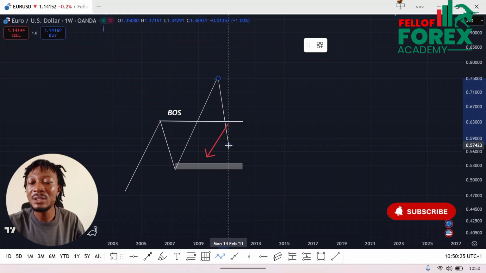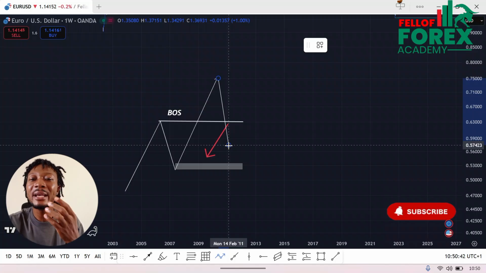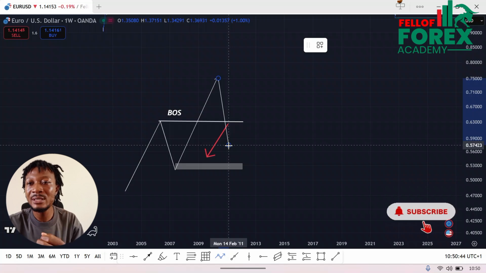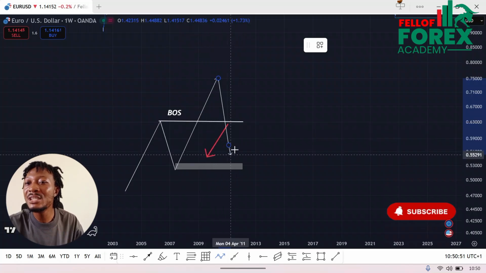At this point I start looking for my confluences, my confirmations to get a buy entry. If you want to know more about the confirmations that you need, first I will give you a couple of confluences here, and I will make a complete video on confluences so that you can know exactly what you should be expecting around this zone, not just entering randomly.